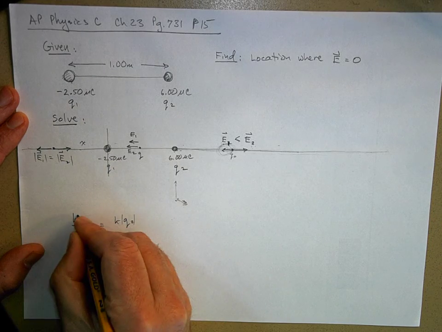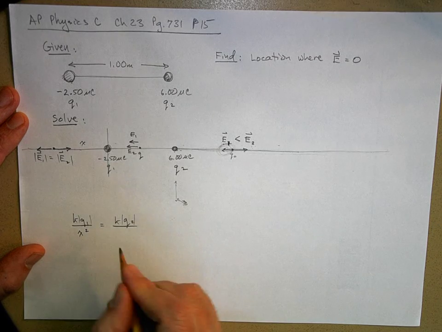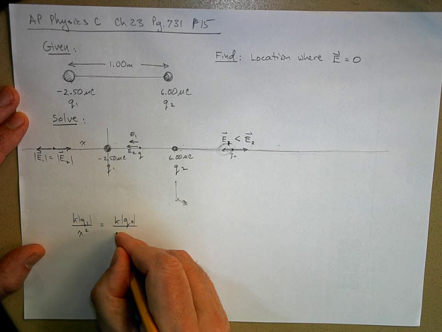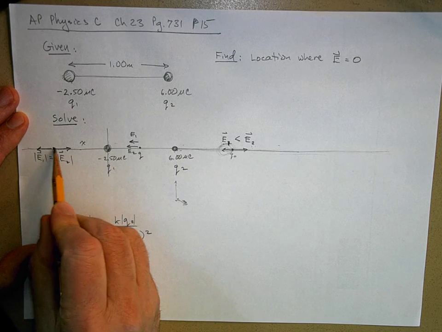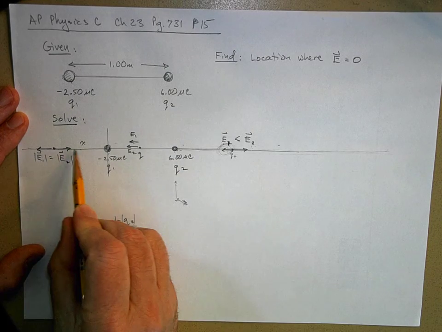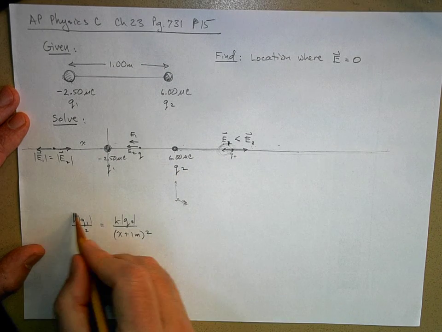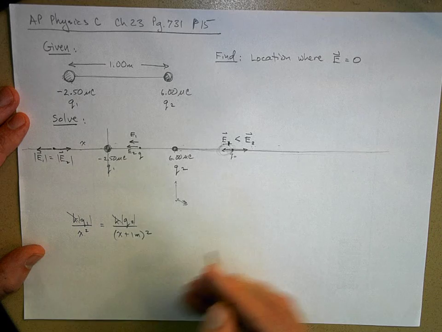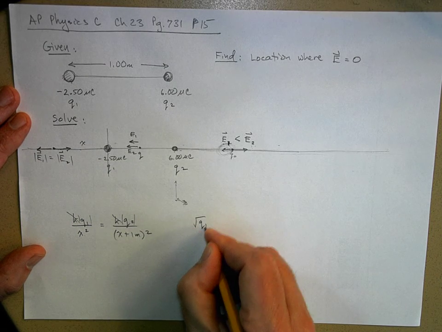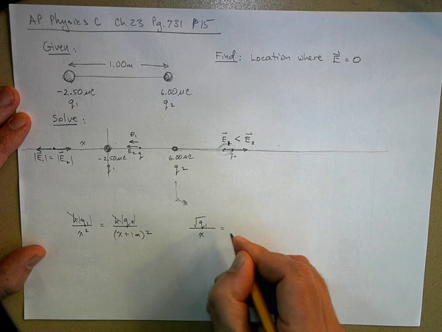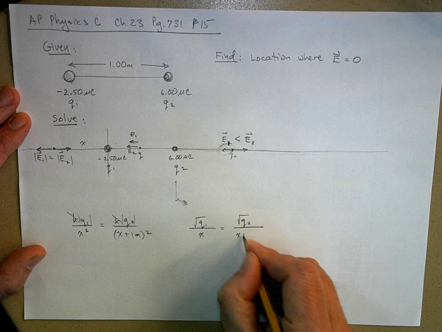Now we're dealing with the magnitudes of these charges. You don't put the negative sign in anymore. And this is going to be (x plus 1 meter) squared. From the positive test charge to Q2, it's whatever x is plus 1 meter. So the k's cancel, and take the square root of both sides. You get root Q1 over x equals root Q2 over x plus 1 meter.